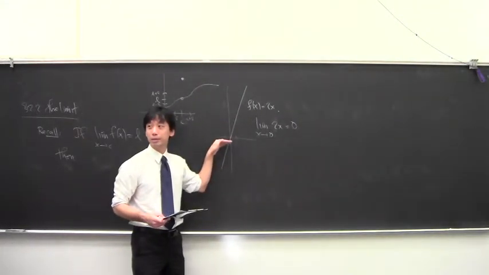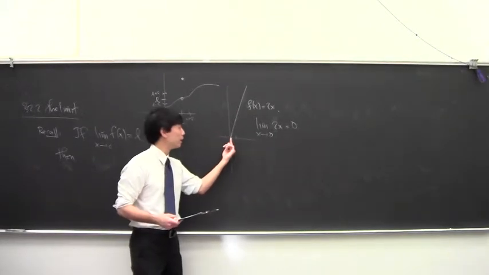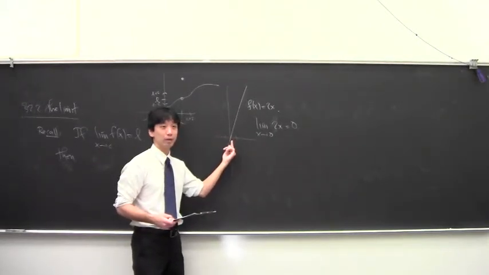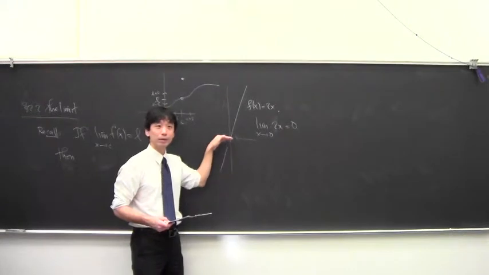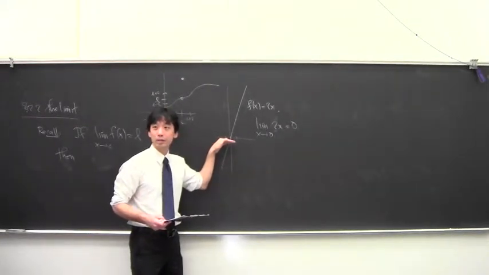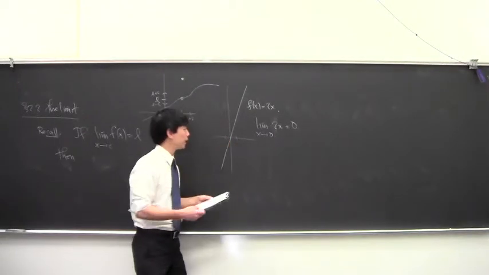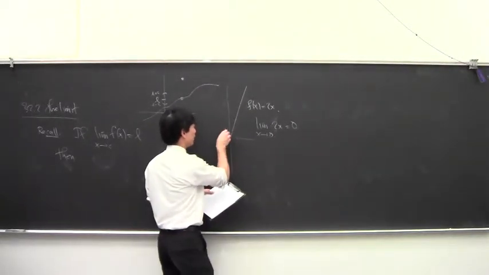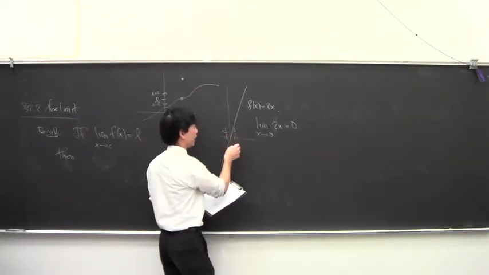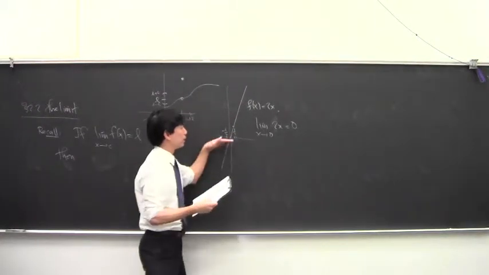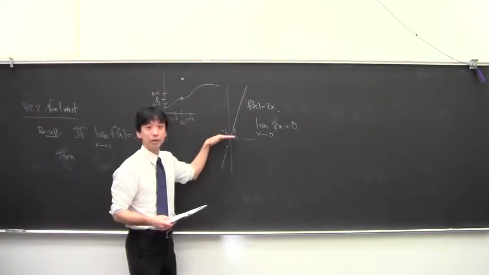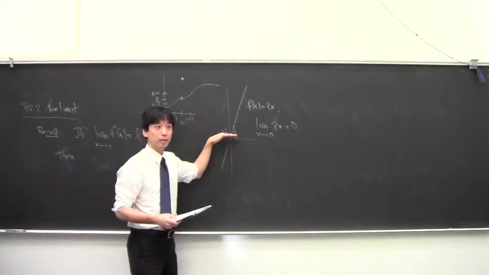Stefano? 0.5. As long as the inputs stay within minus a half and plus a half, the outputs are going to stay within 1 of 0.